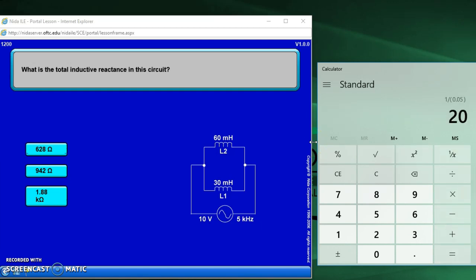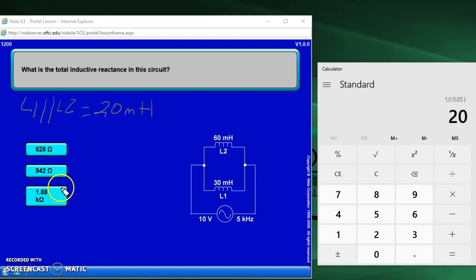So our total equivalent of L, so LT, I guess, for lack of a better descriptor, these two in parallel, L1 in parallel with L2, that equals 20 millihenries. Don't know how my color got so odd.